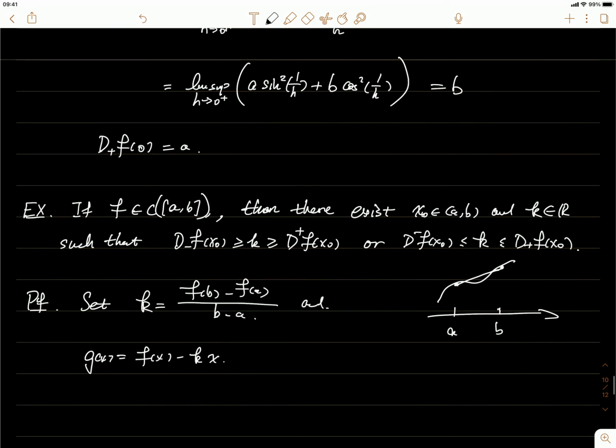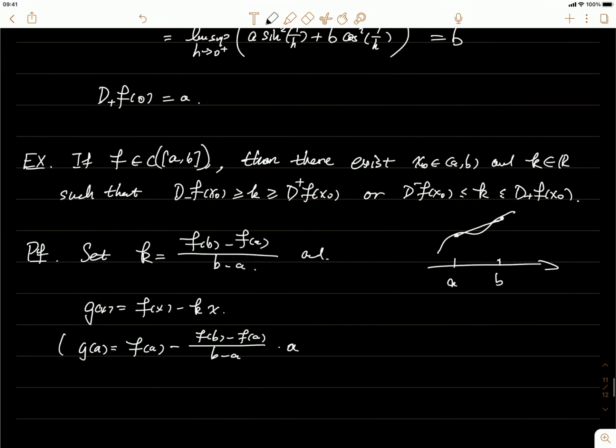Okay, and then it's easy to check that g of a is equal to g of b. You can check g of a is equal to f of a minus k times a. Similarly, g of b is f of b minus (f of b minus f of a) over (b minus a) times b.